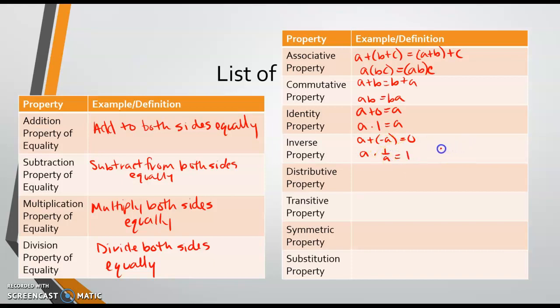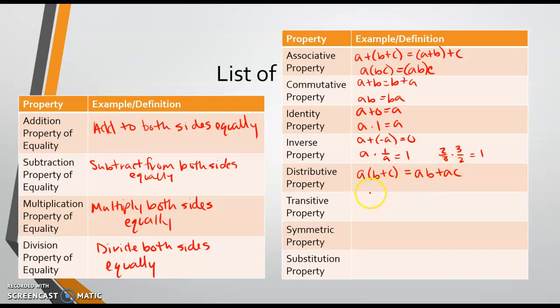So like multiplication, if we had 2/3, the inverse would be 3/2, because then I get 1 for my answer. Distributive property, we've definitely done that one before. That's when we have A times B plus C, and we distribute equally, so we would get AB plus AC, because we multiply the A to both.